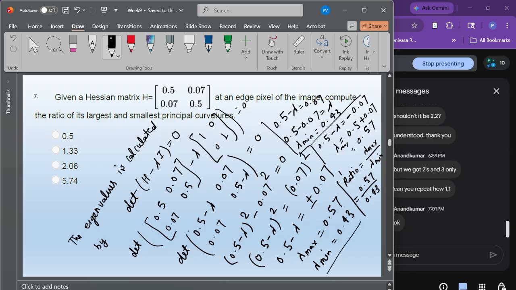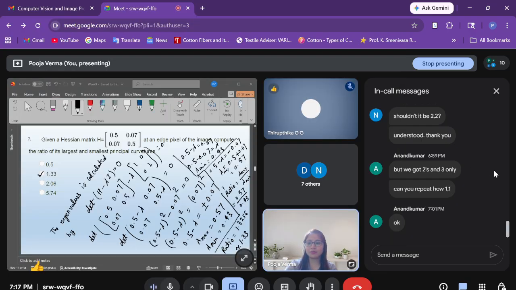If you further divide it, the ratio you will get is 1.3256, which is approximately equal to 1.33. Okay, so the correct option is this one. So is it fine to all of you? How we are calculating? Any doubt? Okay, so no doubts are there. So can we move to our next question?